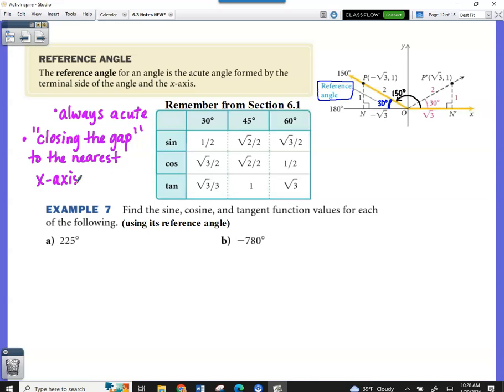So, this question right here kind of just dives right in. It says, find the sine, cosine, and tangent for the following angles. And then I noticed that I typed here to use the reference angle. You could do just 225. You could go to your calculator and type sine 225, cosine 225, tan 225.